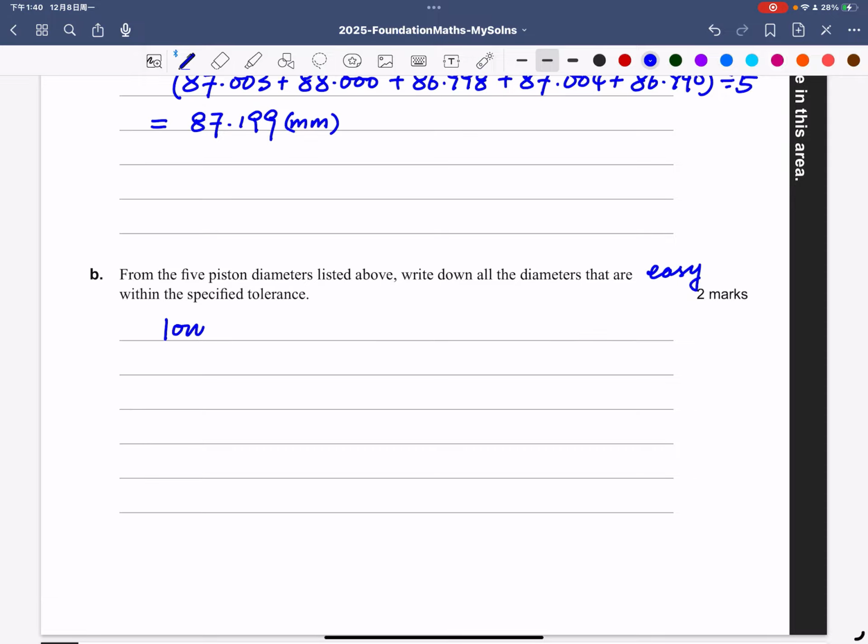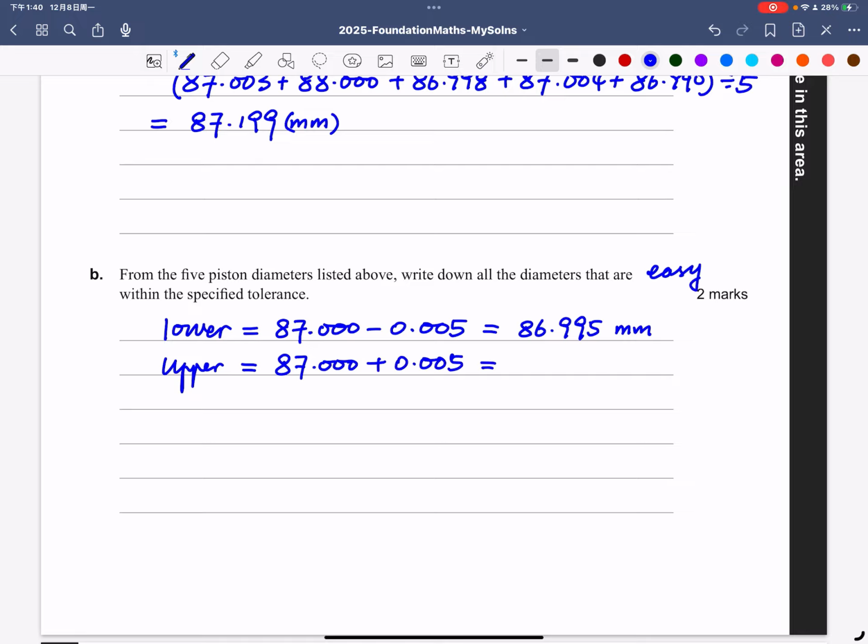So the lower bound equals 87.000 minus 0.005. So this will give you, let's say, 86.995. And the upper bound, or the maximum, will be 87.000 plus this tolerance, so you get 87.005.